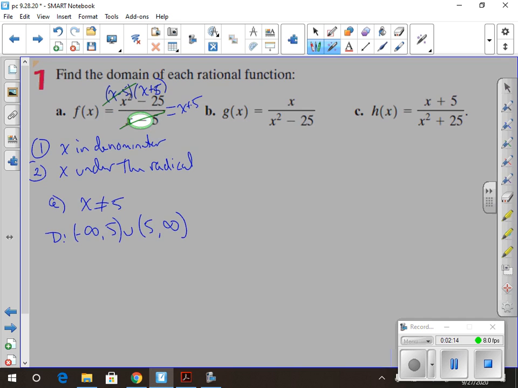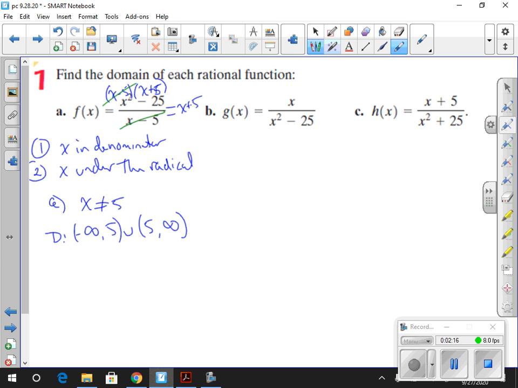Now what this means is that instead of there being a vertical asymptote, there's a hole in the graph at x equals 5. Okay, in other words, your graph is going to continue, it's going to jump over a hole, and it's something like that.